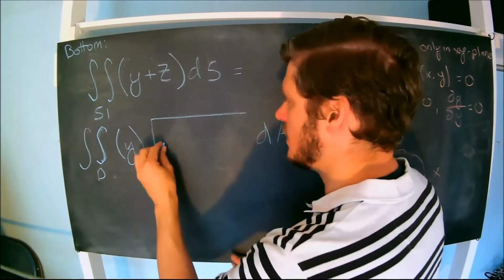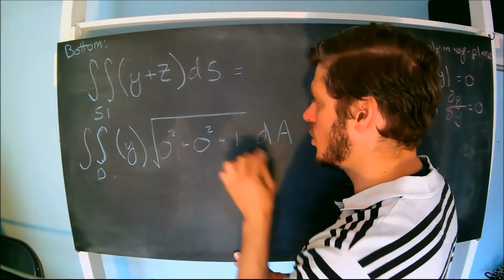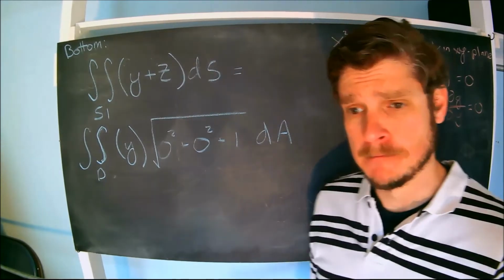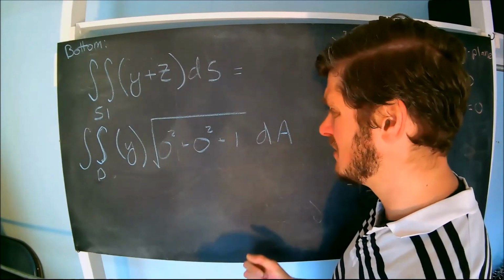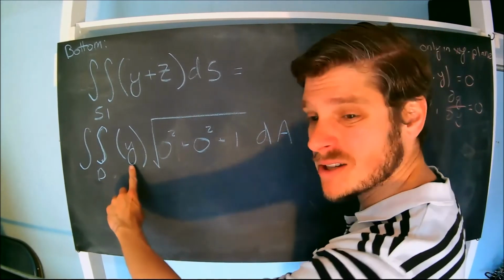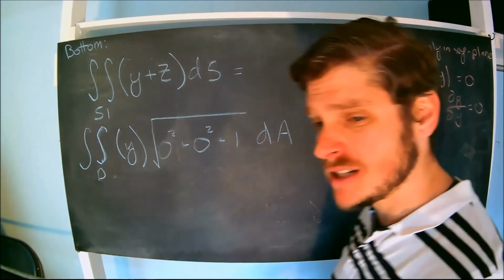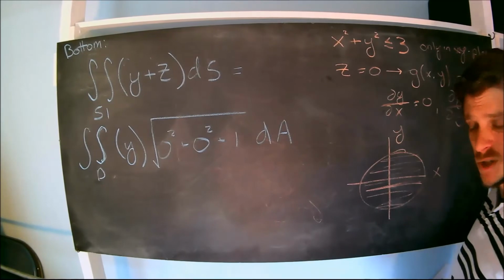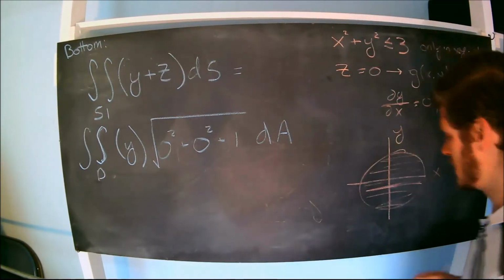So it's going to be 0 squared plus 0 squared plus 1, which is just 1, and the square root of 1 is 1, and multiplying by 1 doesn't change anything. So all I really need to do now is evaluate y dA over my region D. Well, my region is a circle, so let's parameterize this with polar coordinates.